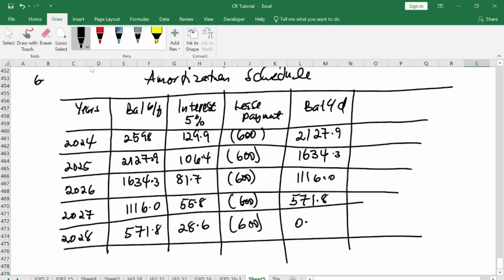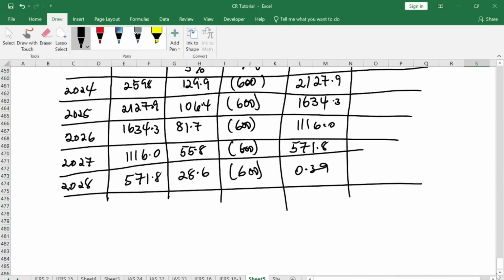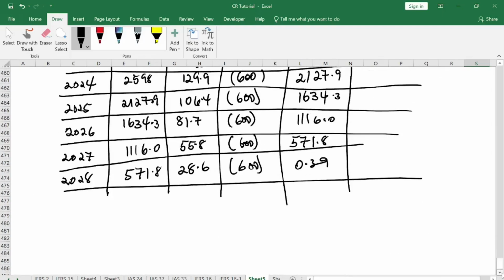At the final year, you should get zero. So that is it about the amortization table.